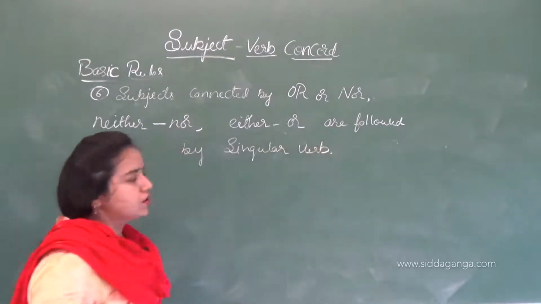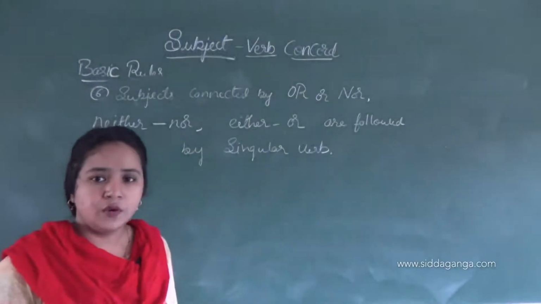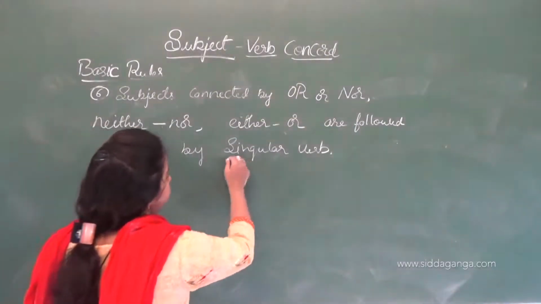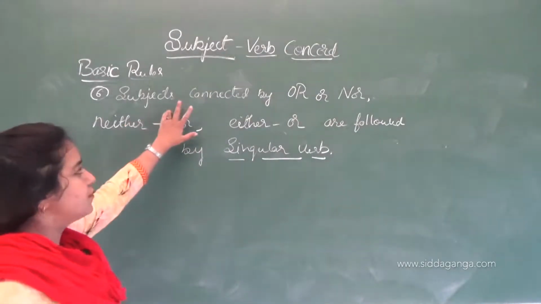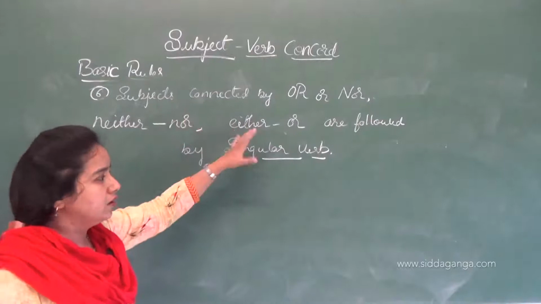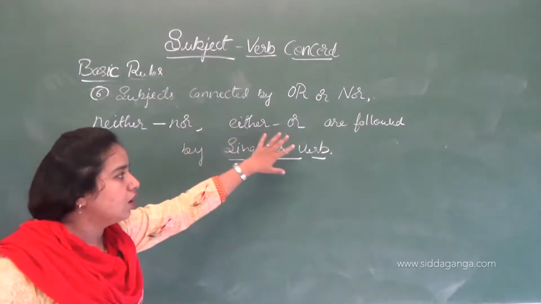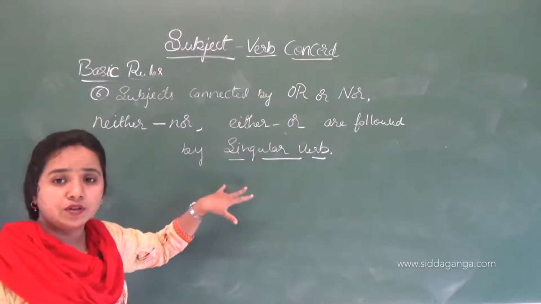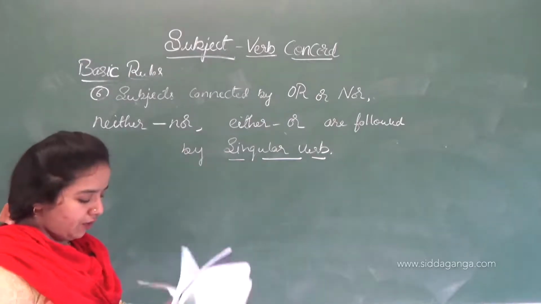So this is also followed by a singular verb. This is the rule, fourth, fifth and sixth. Both are also followed with the singular verb. Where you see subjects connected by or, nor, neither nor, either or, they are followed by a singular verb, not a plural verb.